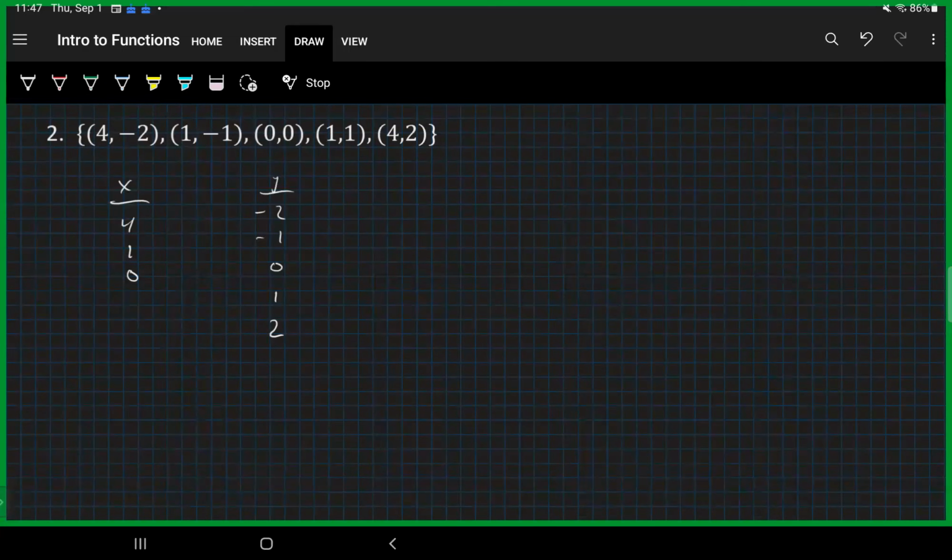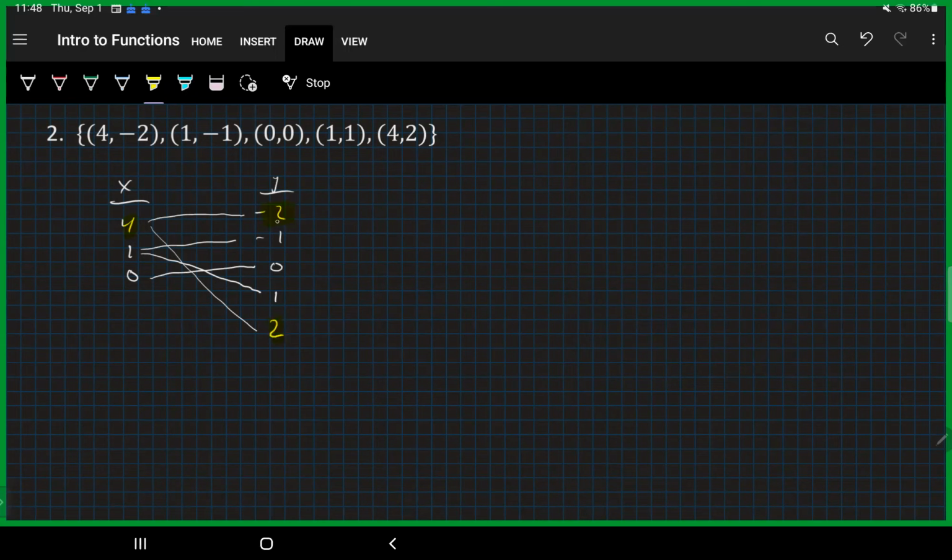If I look at 4, 4 gets assigned a -2, but if I look at the end there, 4 gets assigned a 2 as well. Hey, wait a minute. Something's going on there. 1 gets assigned to 1 and -1, and 0 goes straight across to 0. And 4 goes to -2 and 2. So there's two different outputs.